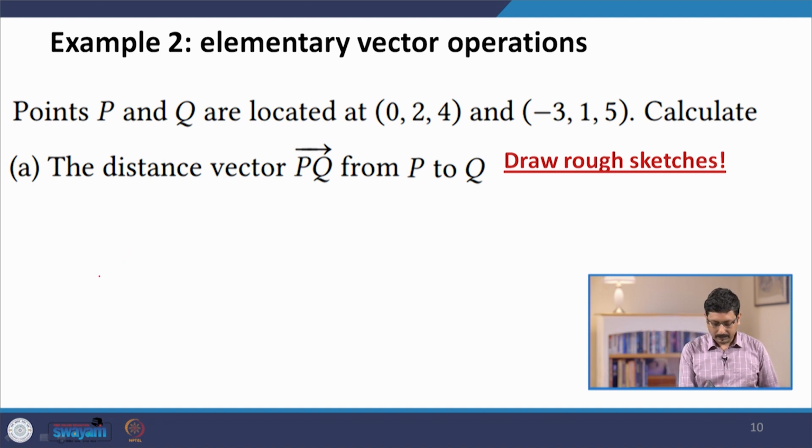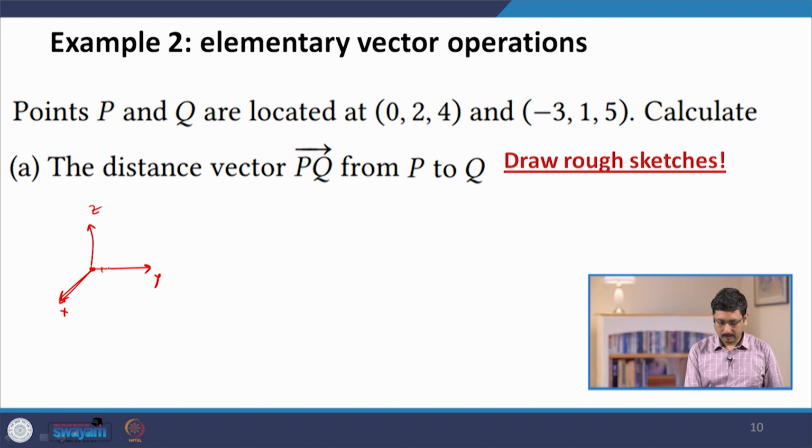So, suppose this is my x axis, this is my origin, this is x axis, this is y axis and z axis. So, it says that the x component is 0. So, x component is 0, y component of point P is 2.